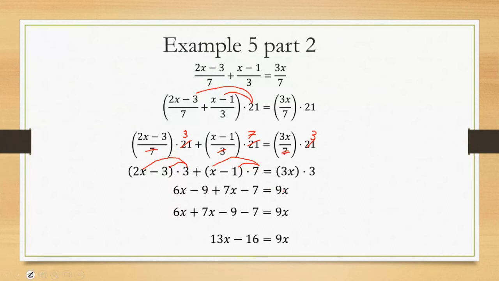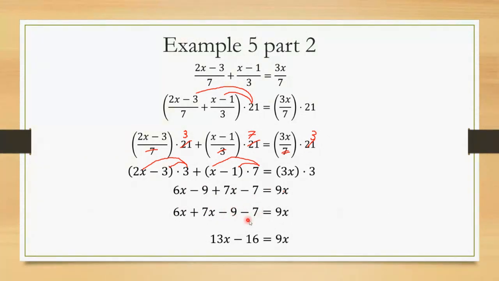Okay. So now we have this equation. Now how do we solve this? Well, notice there are like terms we can combine, right? Namely, we have 6x and 7x. We can put those next to each other. Minus 9, minus 7.